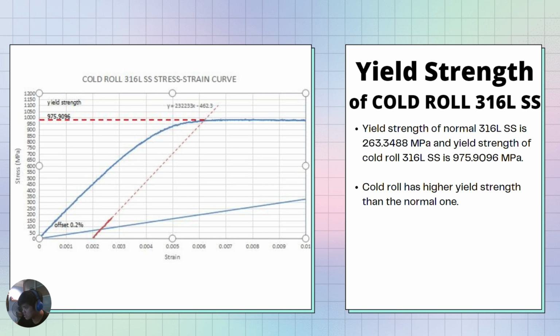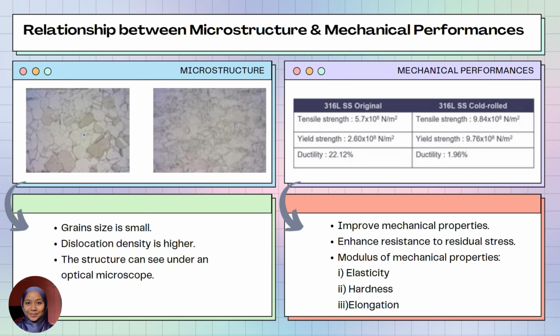The cold roll already reached 975.9096 MPa, but the normal only reached 263.3488. So cold roll has higher yield strength compared to the normal one, which means it is ductile enough to be able to hold more stress until it changes behavior from the elastic to the plastic region.